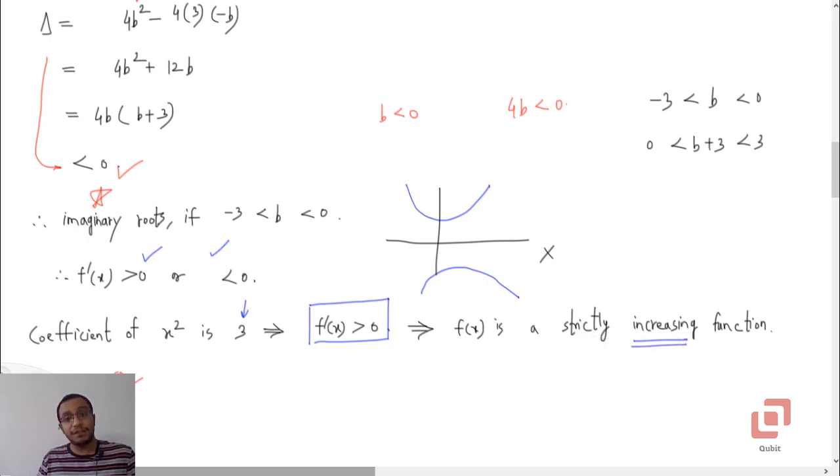Now because f of x is a strictly increasing function, if at all it intersects the x-axis, it is going to intersect the x-axis only once, and in this case it is going to intersect the x-axis at 1. But is this true? Is f of x having only one root?